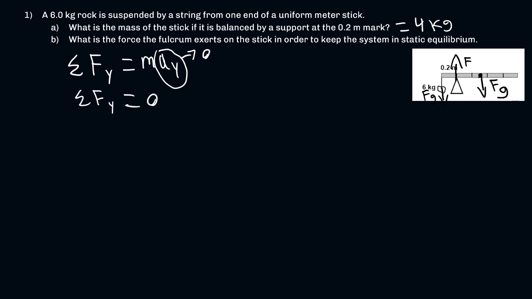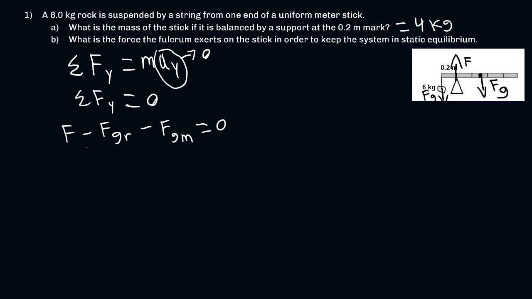So let's look at our free body diagram again, or just the diagram. We have a force going upwards. We'll call that a positive force, F. And we have two forces of gravity. So we have minus F_g of the rock, and we have minus F_g of the meter stick. And this is all going to be equal to 0. All right, let's do the algebra here real quick.